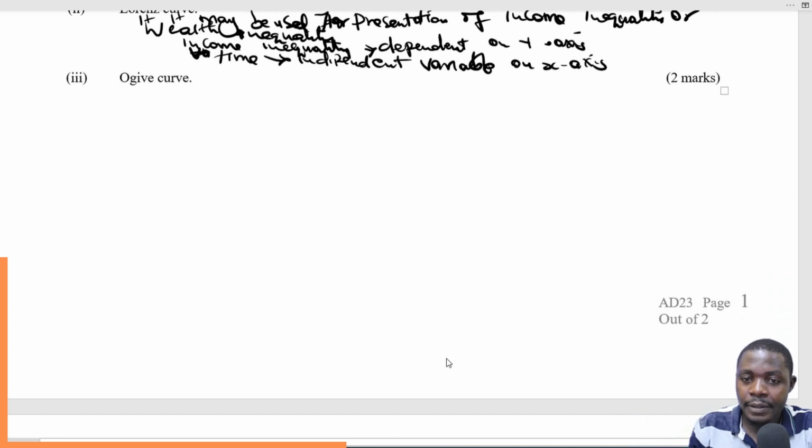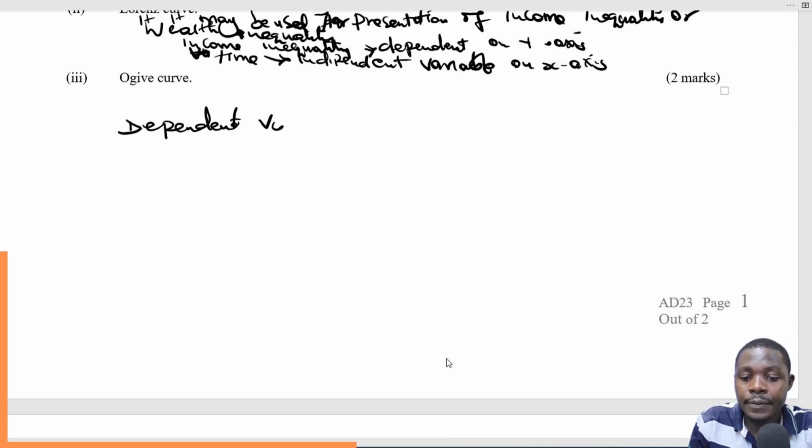Also here we have the same dependent variable and independent variable.